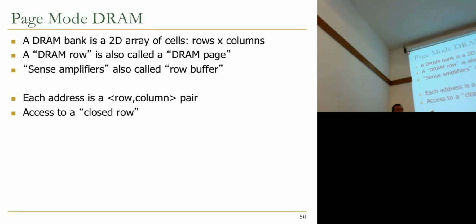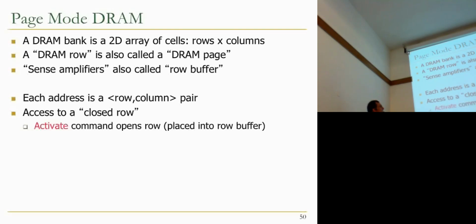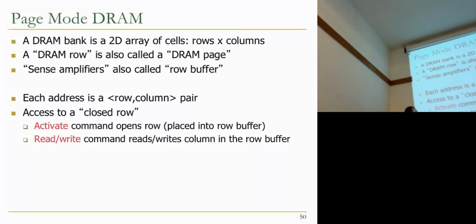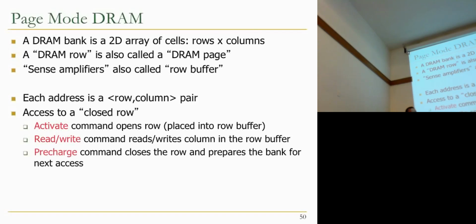If you access a closed row, meaning the row is not in this row buffer, you need to send an activate command to open the row from the bank. Then this places the row into the row buffer and senses it. And then you send a read or write command, which reads or writes a column in the row buffer. And then once the access is done, you need to send a precharge command to close the row and prepare the array for the next access.